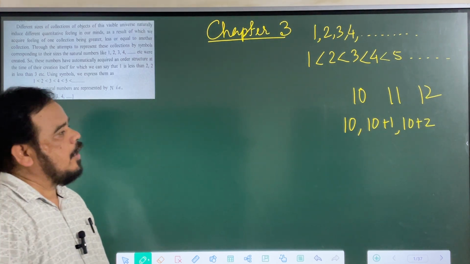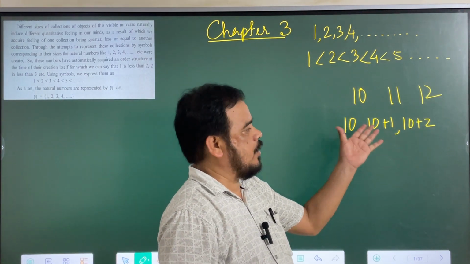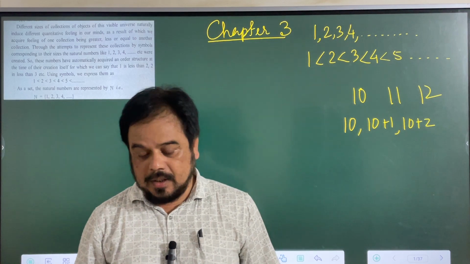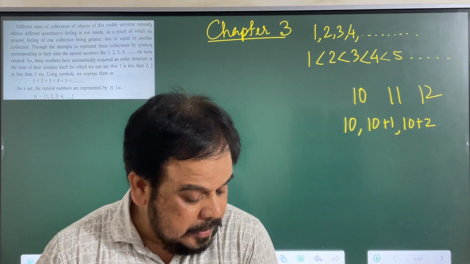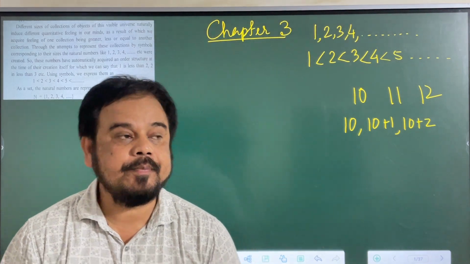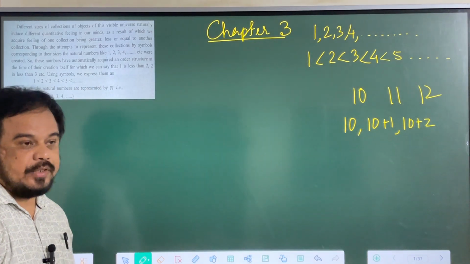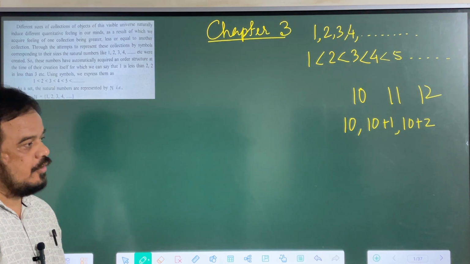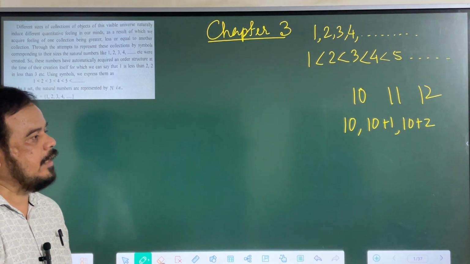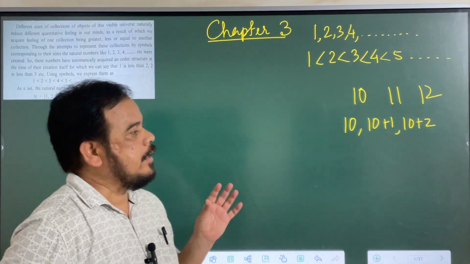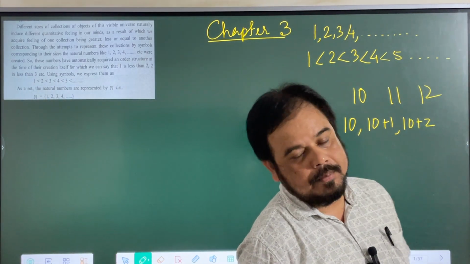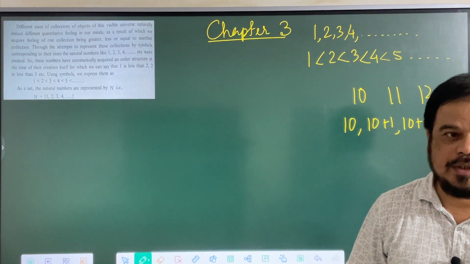This is common to all of us. But on the basis of this, we are going to learn something about the addition of some special type of natural numbers. Remember that in this chapter we will deal only with natural numbers, not integers.